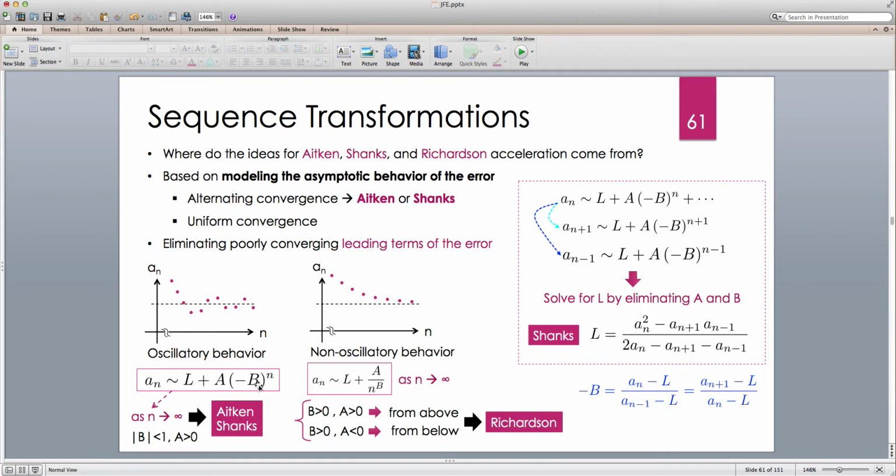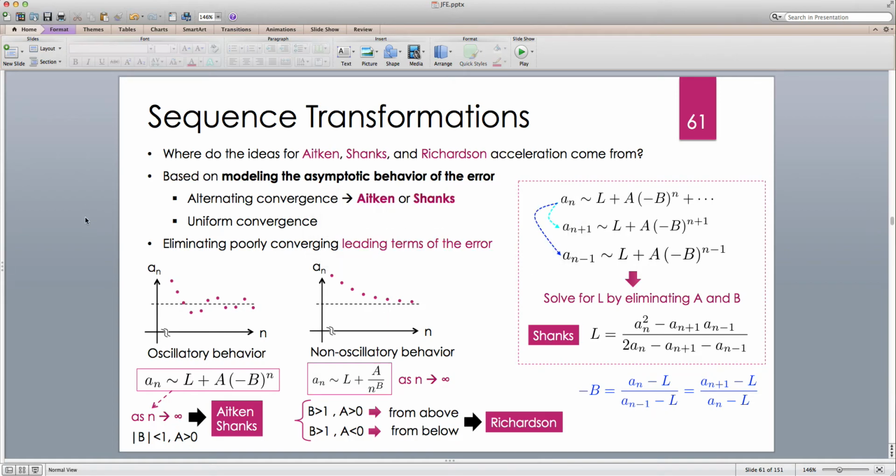Okay. Now what happens in the non-oscillatory behavior? Let's say we go monotonically to the limit from above or below. Typically this happens in physics or engineering problems. This kind of behavior has an error model of some constant over n to the b, where b is, let's say, greater than 1.